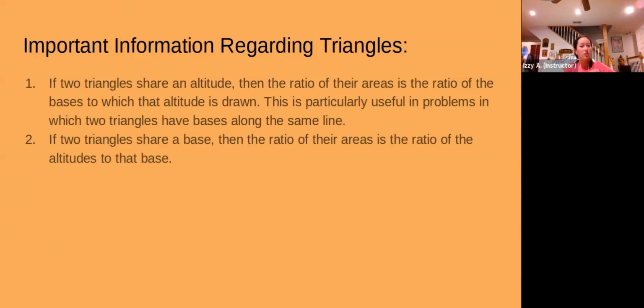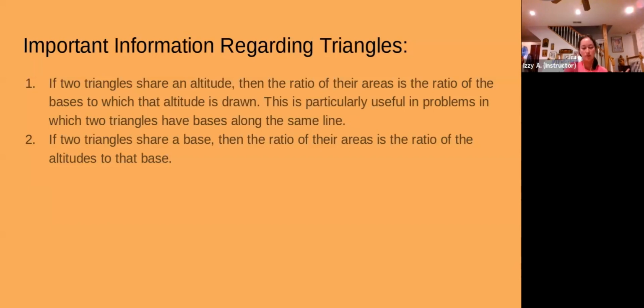This is particularly useful in problems in which two triangles have bases along the same line. Second, if two triangles share a base, then the ratio of their areas is the ratio of the altitudes to that base. These two points might sound really confusing, but to simplify it, there's a problem that we will be working on.